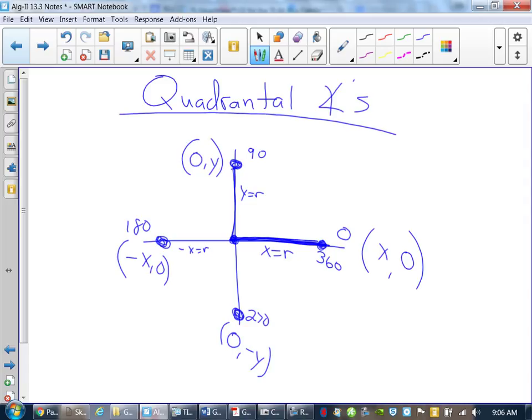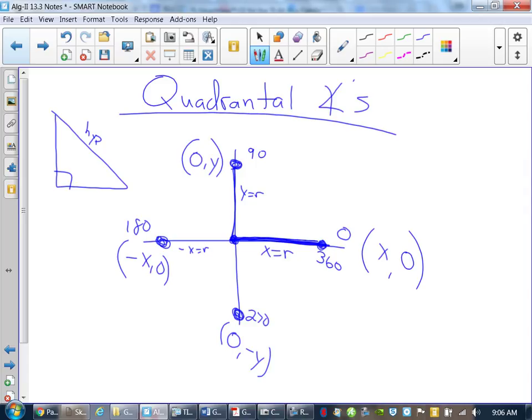The quadrantal angles are the ones that we never bothered with in terms of SOHCAHTOA. Remember how we never worried about sine of 90? Because in a right triangle, sine is opposite over hypotenuse. Do you agree? Well, what's your opposite at 90 degrees? It's your hypotenuse. What's hypotenuse divided by hypotenuse? 1.